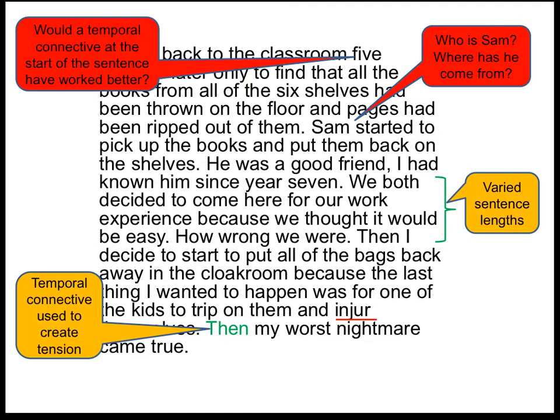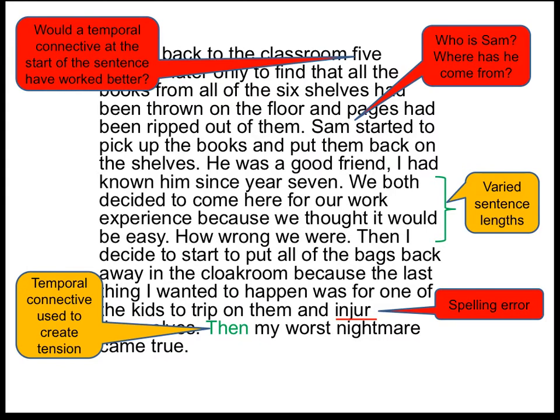So we have this compound sentence and then this very short sentence as well afterwards. So we've got this variation of sentence lengths. Later on in the section, we do have this use of temporal connective at the end with "then my worst nightmare came true." And that's used at the end of this particular paragraph to create tension.